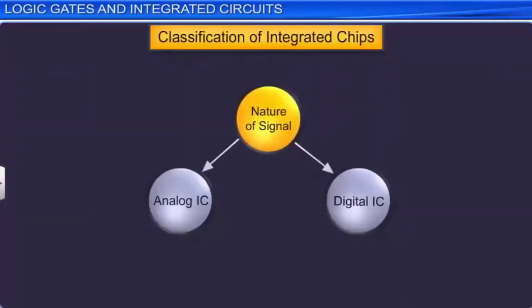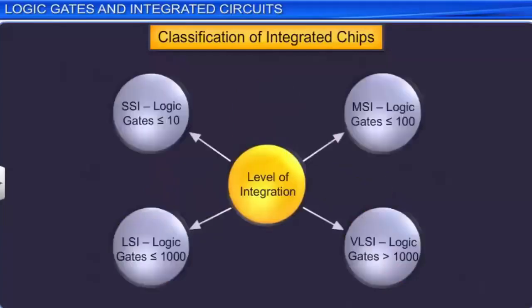A digital IC contains the logic gates we discussed before. Depending on the number of circuit components built on it, an IC can be classified as a small-scale integration IC, medium-scale integration IC, large-scale integration IC, or a very large-scale integration IC.